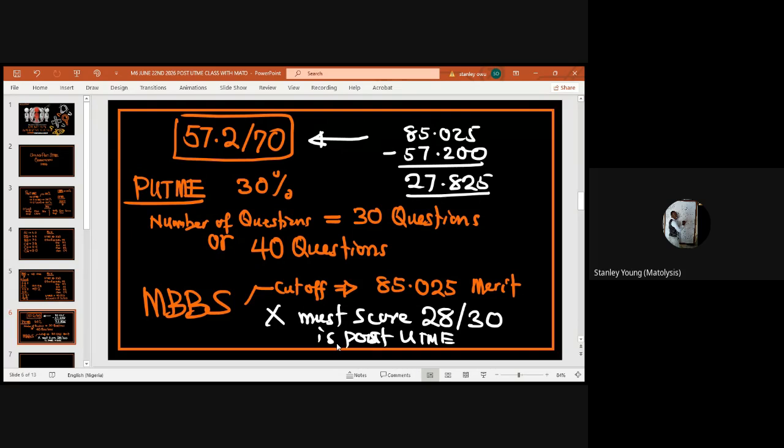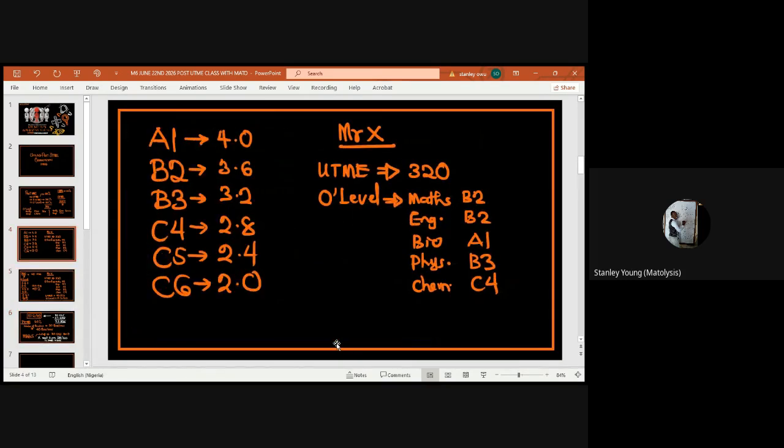You divide that by 8. The O-level score, you follow the scores I gave you, depending on the grade. Like A1 is 4.0, B2 3.6, all the way to C6, which is 2.0.